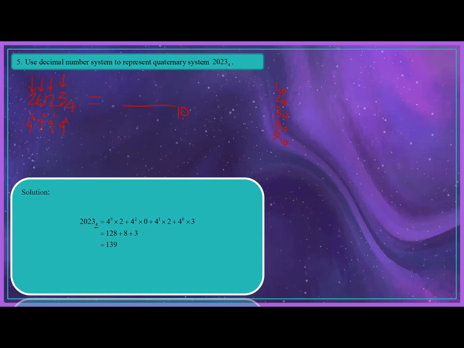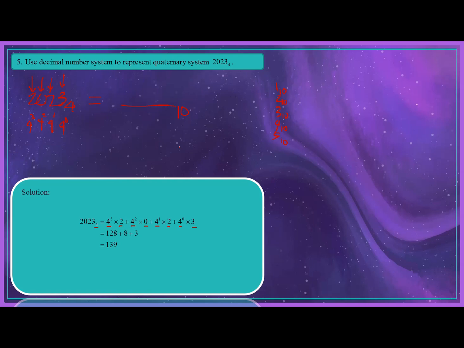So that means that you only need to multiply this. Okay. So your base times the digit plus base times the digit plus base times the digit plus base times the digit. Okay. So in total, this is equivalent to 139 base 10. Okay. Decimal number system.